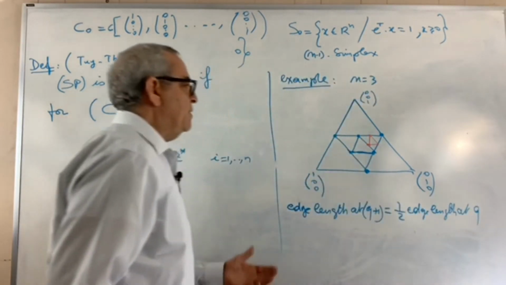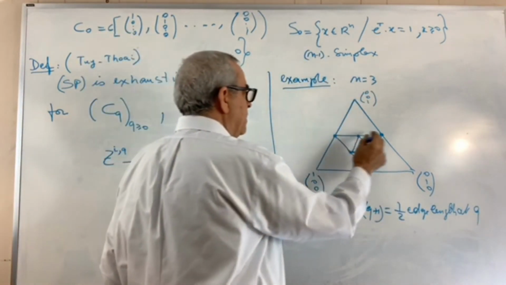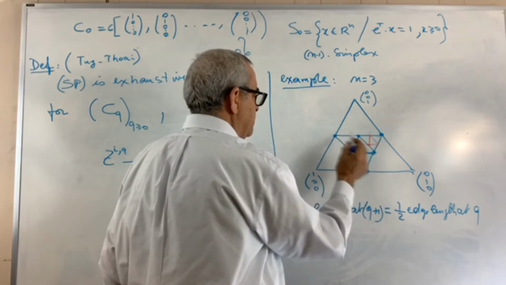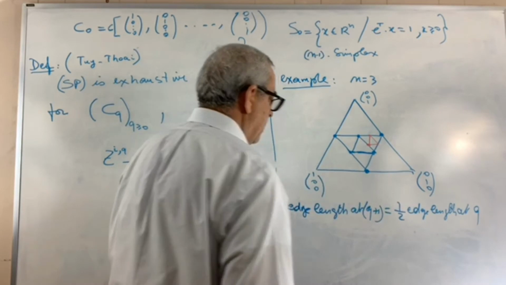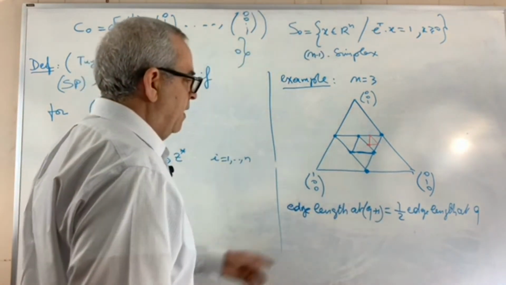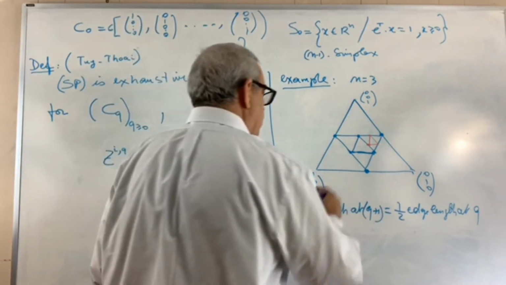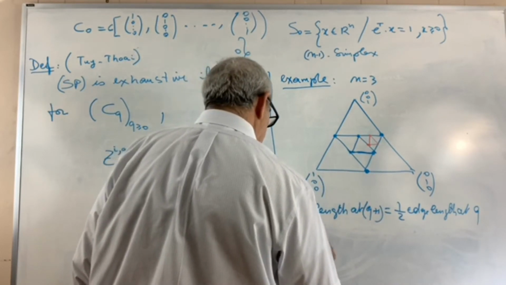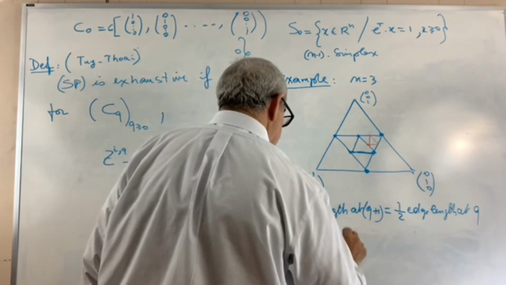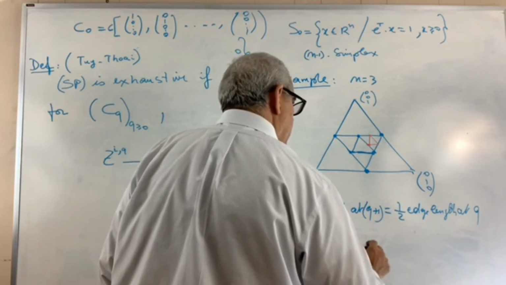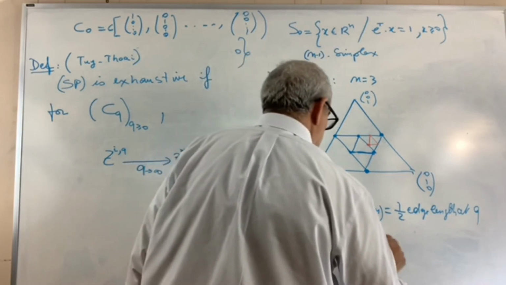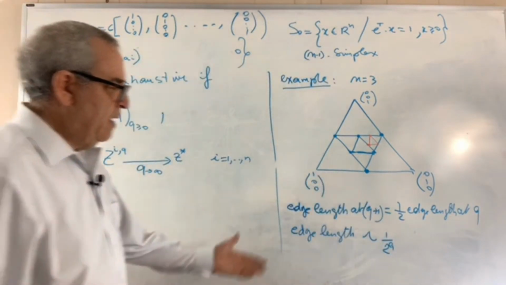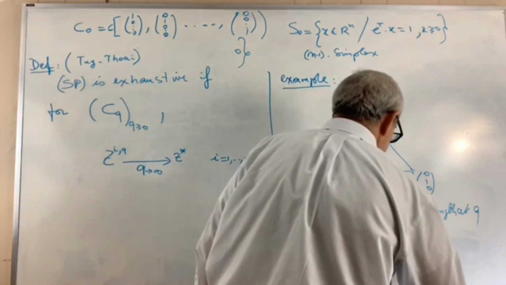It's obvious. For example, the first one here, the length of this edge is exactly equal to half, and therefore the edge length is proportional to 1 over 2 to the power q, and this converges to 0.